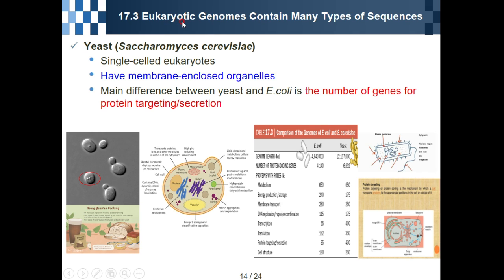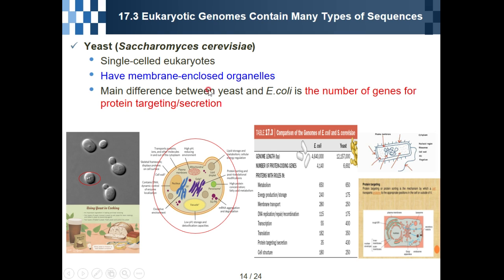Yeast is a single-celled eukaryote, but it has membrane-enclosed organelles, starting with the mitochondria. They have the nucleus, the ER, and a lot of proteasomes, like this.